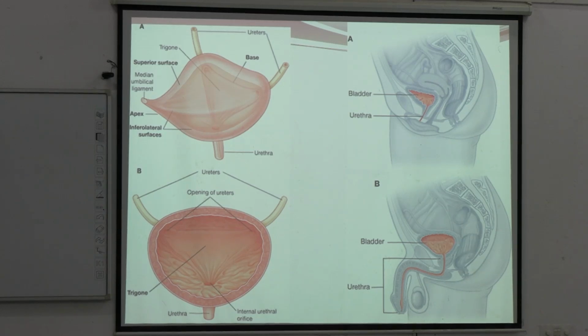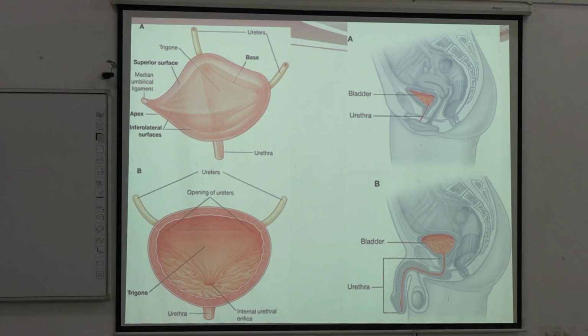Here the urinary bladder is seen cut open from the top, and you are looking at its cavity. This is the superior surface, this is the posterior surface, and the inferolateral surfaces are present here, right side and left side. This one we disregarded is the anterior surface. It becomes visible only when the bladder gets distended.